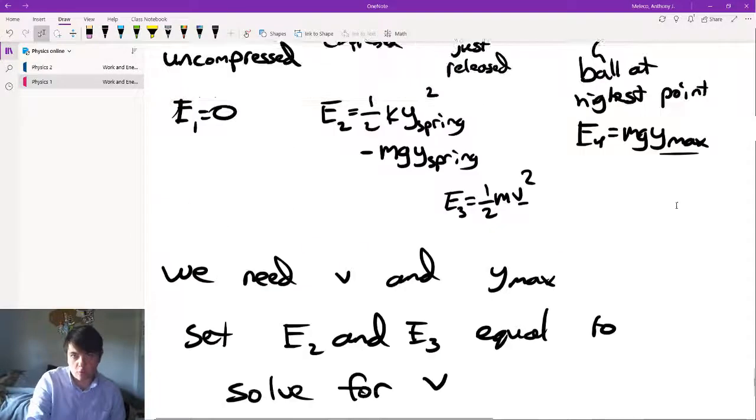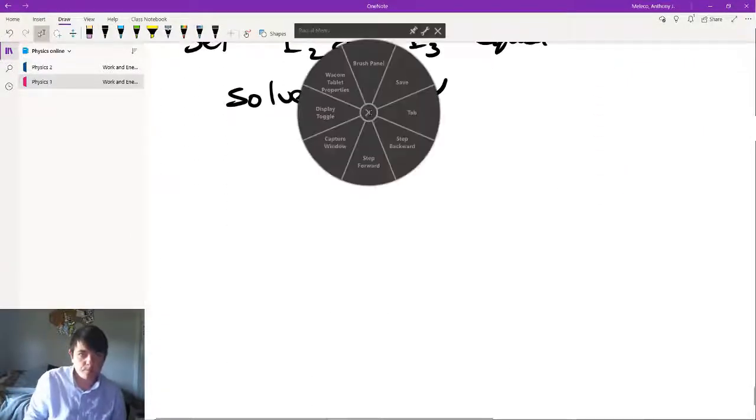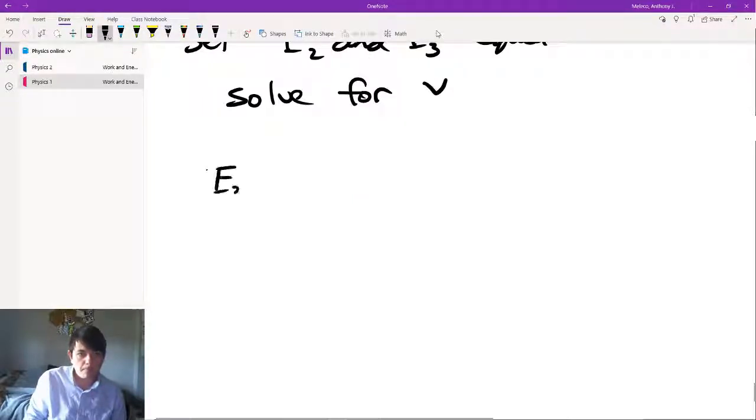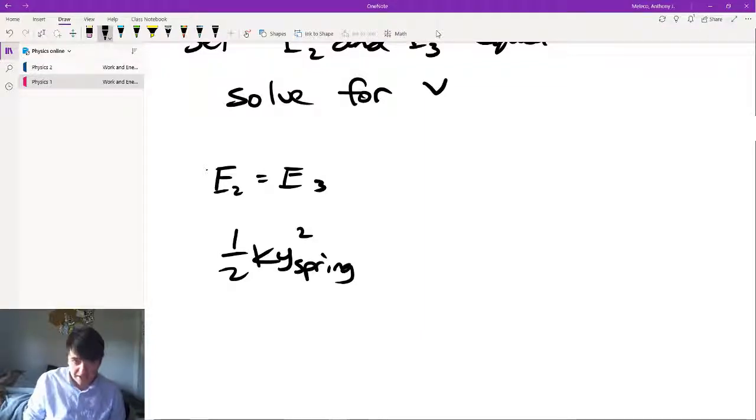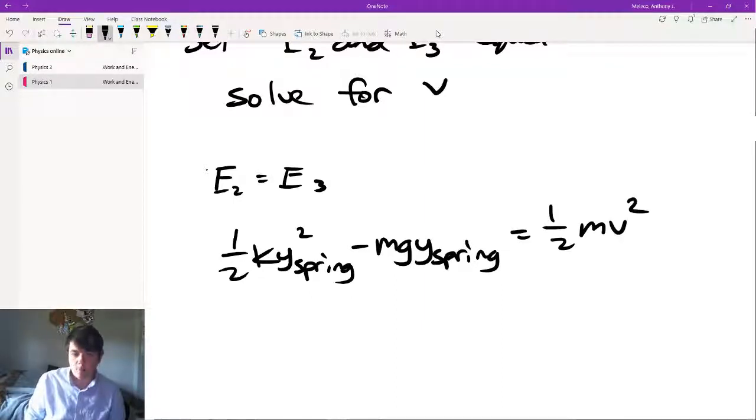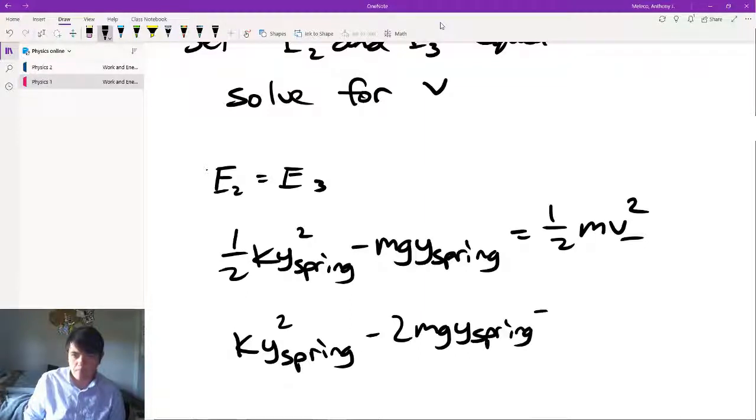So, E2, we just wrote it: 1/2 k y spring squared minus mg y spring. E3 is 1/2 mv squared. We need to solve for this, so what we can do here is multiply the whole thing by 2, divide by m and take the square root.